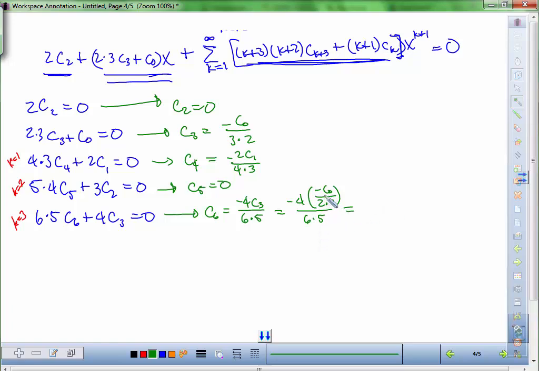So let's see, this becomes a positive 4c naught divided by 6 times 5 times 3 times 2. Well, that doesn't look nice. So we'll just write it like that. I suppose we can cancel some stuff out, but there's not looking like there's any nice things to cancel.